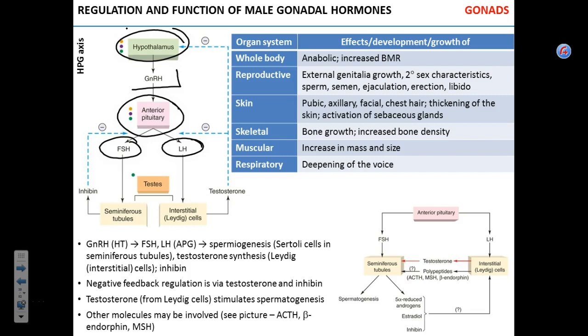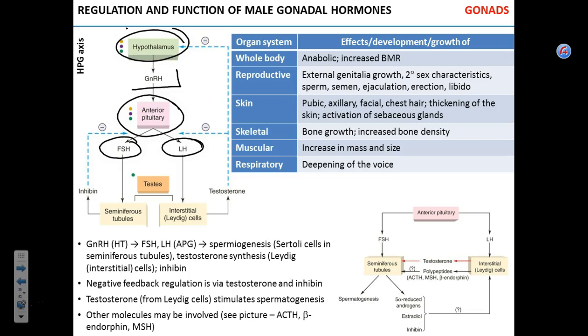Stimulate follicles, yes. In males, follicle stimulating hormone stimulates the development of sperm. Like in females, a follicle gives rise to an oocyte. In males, we don't have follicles, but follicle is something circular, and sperm is somewhat circular, just to make an association.